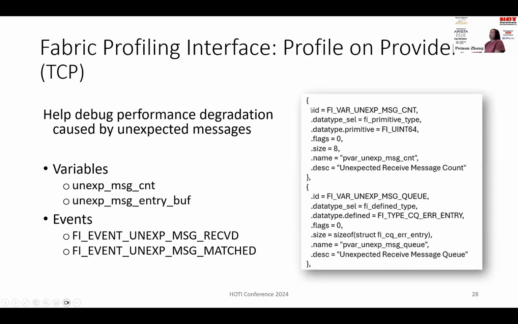Here is a code snippet showing the variable table defining these variables. Later, I will use an example to show how the application can use the profiling API to query the variable value.